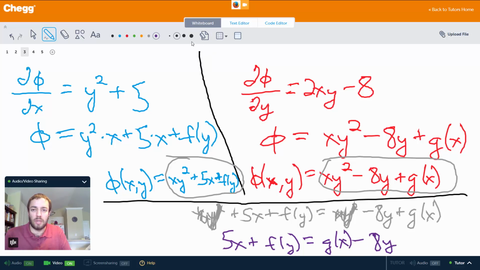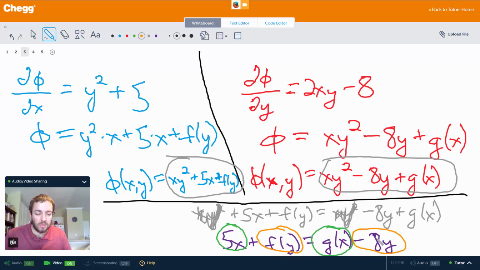Now what we want to do is find f of y and g of x, and we can do that directly from this equation. g of x is supposed to be some arbitrary function of x, and we just determined it has to be 5x. Likewise, f of y has to be minus 8y.